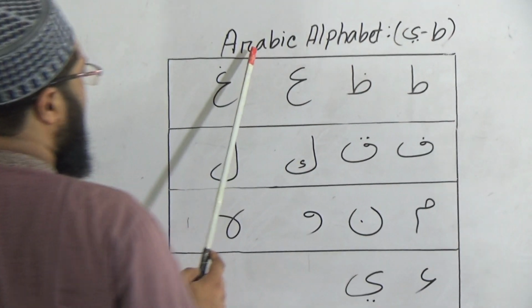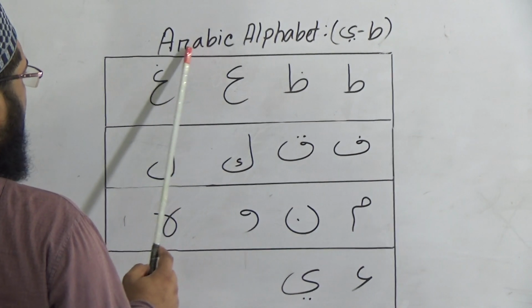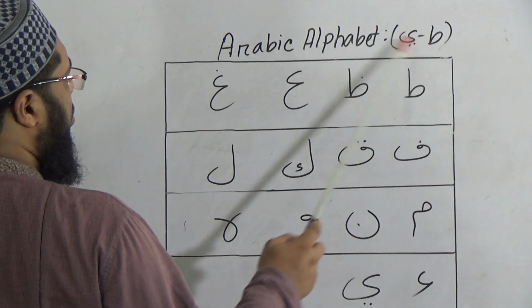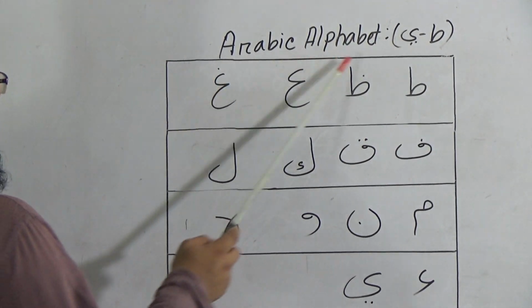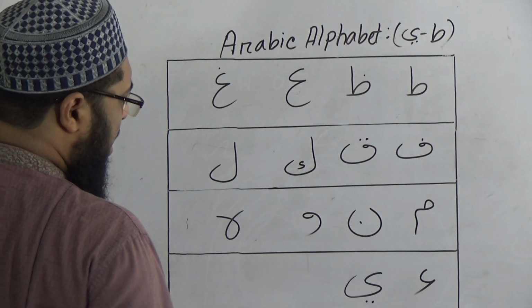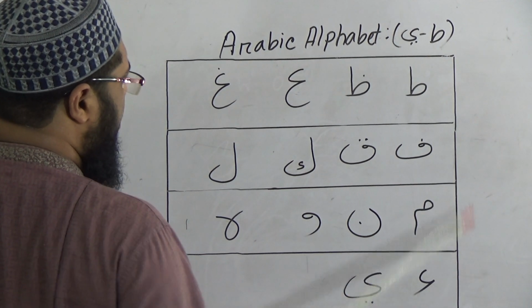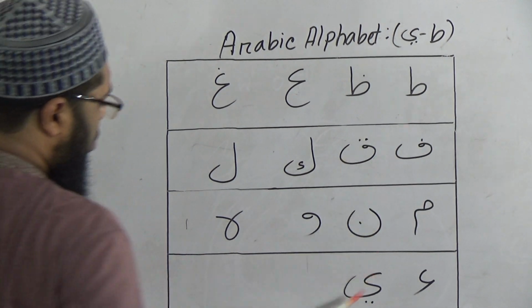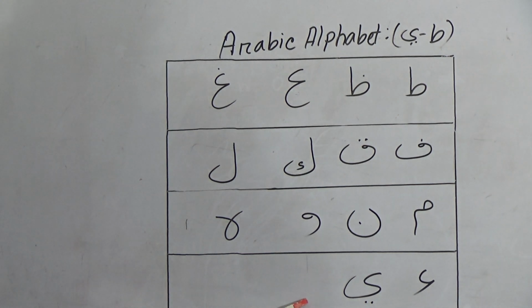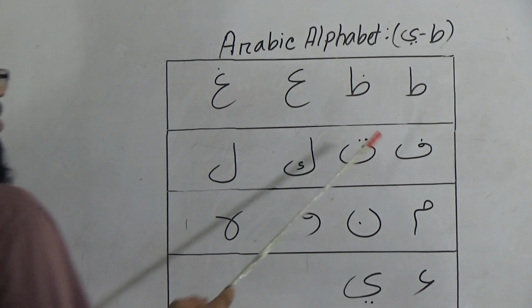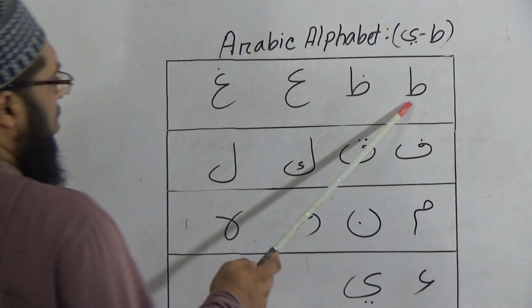My dear students, today is our revision class, Arabic alphabet from Tha to Ya. Alhamdulillah, we have already learned. Today I have written here 14 Arabic alphabet from Tha to Ya, and alhamdulillah, you have already learned how to write and read. Okay, let's start.